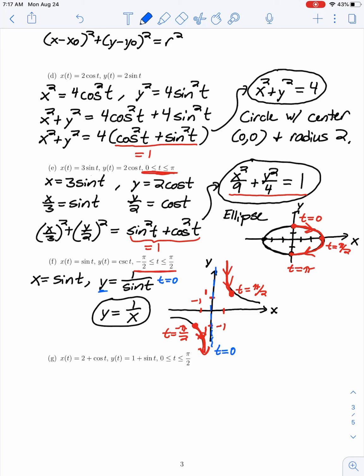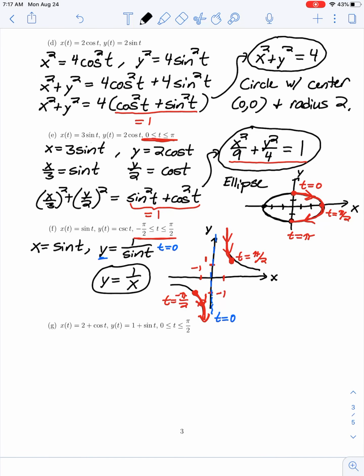So in this example, again, we see our equations involving sine and cosine of t. So if we try to make use of the trig identity that the sum of their squares is equal to 1, well, let's first solve for sine and cosine of t using our parametric equations.